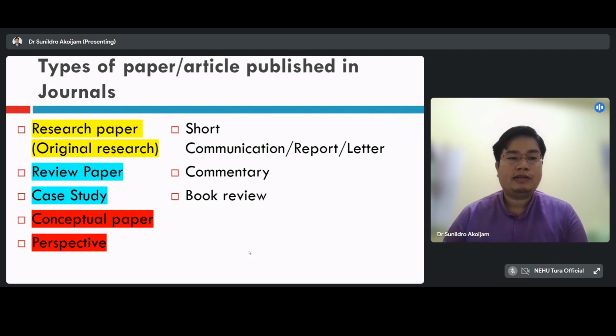And talking about the third, the case study. A case study is a type of article which is very popular in management and allied domains. In many disciplines it may not be that relevant, but slowly other disciplines have also started realizing its importance.